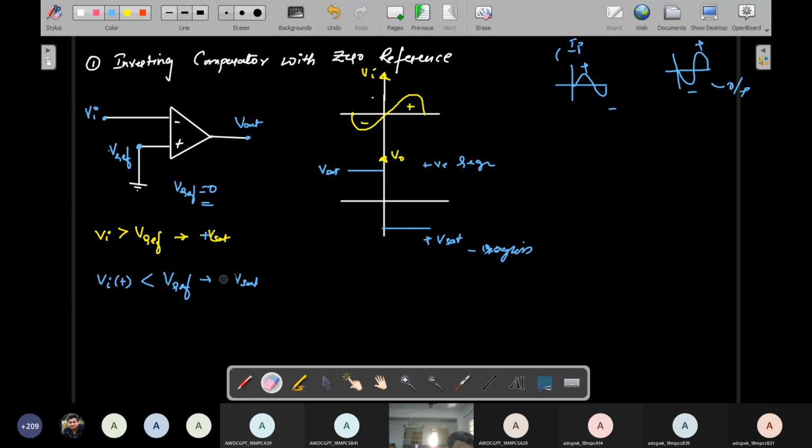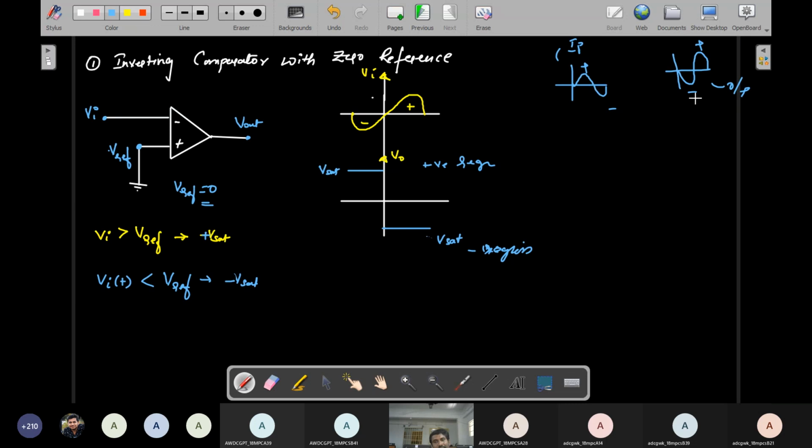Understand what I'm saying? So generally, this is a negative saturation. Simply follow this diagram. In inverting mode, this is the actual input signal given to the inverting terminal, but after the output is produced, the output is inverted with respect to the input.